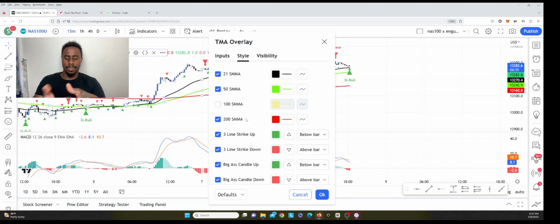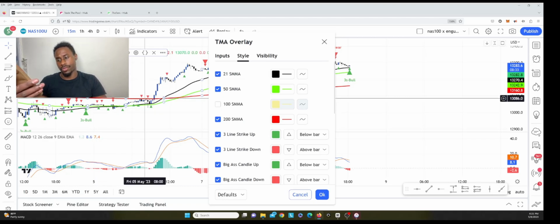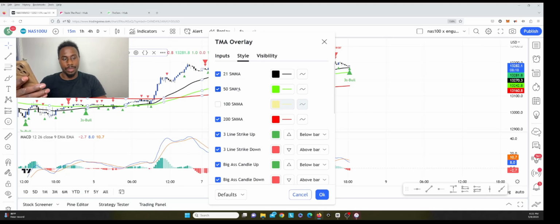This moving average monitors the price changes depending on the time. So this would be the 200, I think it's a 200-day moving average, and the 50 would be the 50-day moving average, then the 21-day moving average.